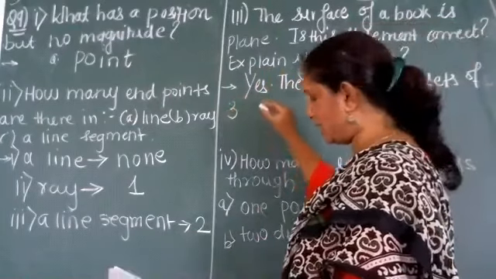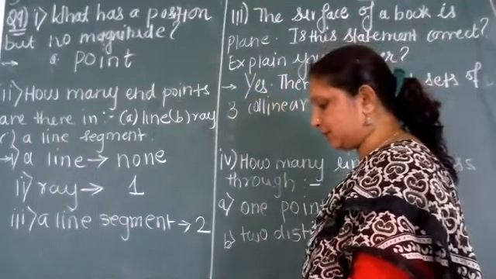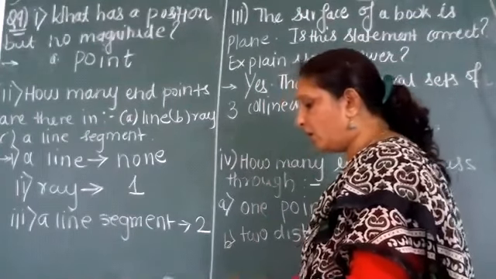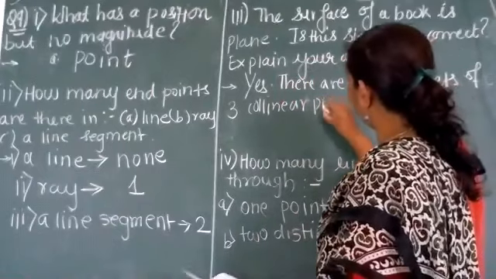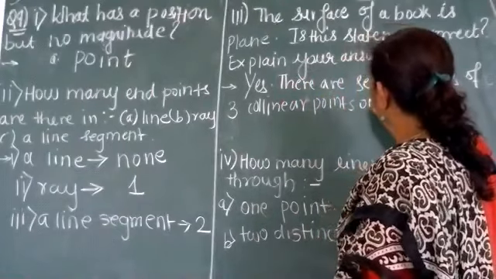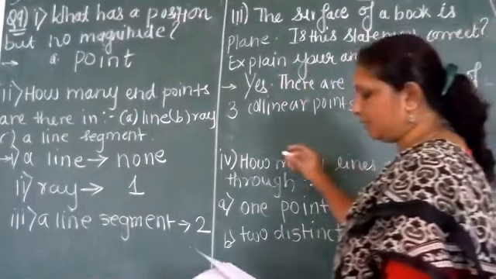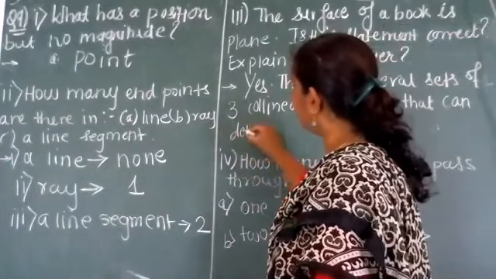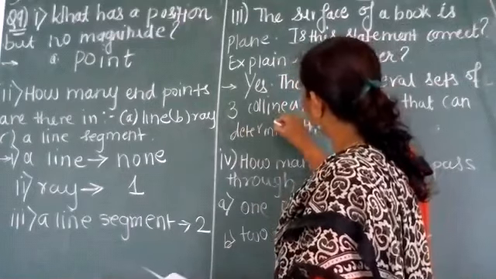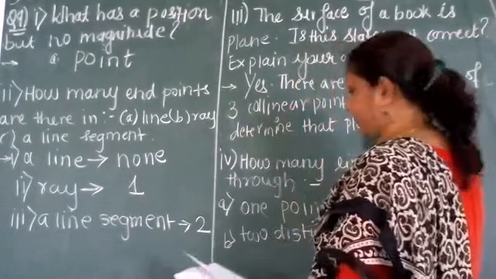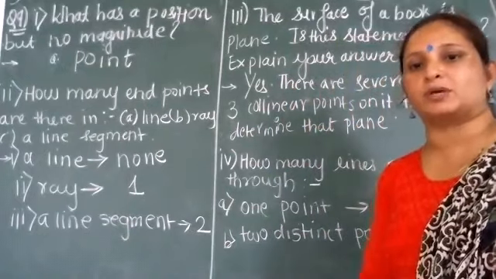Sorry, 3 non-collinear points on it that can determine that plane. So here, understood the reason why the surface of the book is a plane.